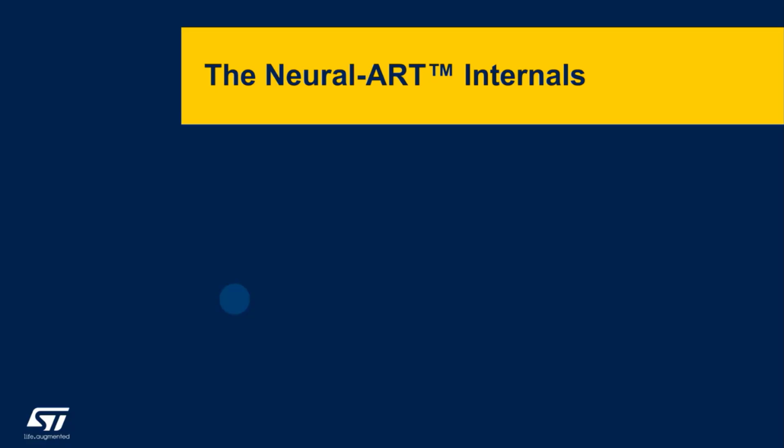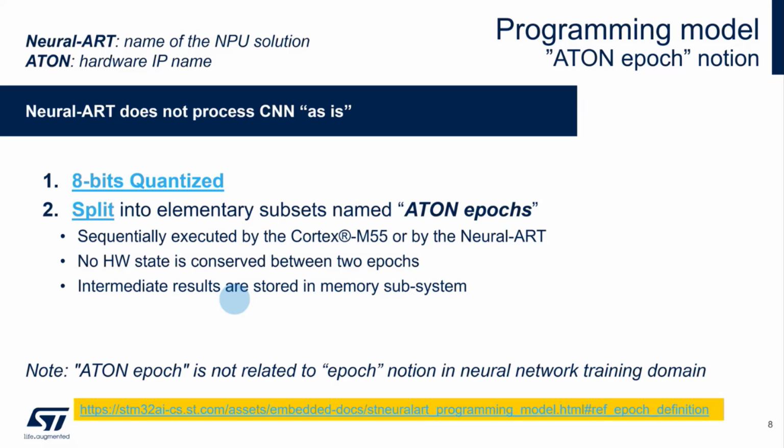So let's go now deeper in the neural art IP. So it's not the first IP in this case in the ST family. Usually, the IP such as graphic accelerator, notably, have several names. The reason is that you have the IP name itself, and then you have the commercial name. It's the same for the neural art.